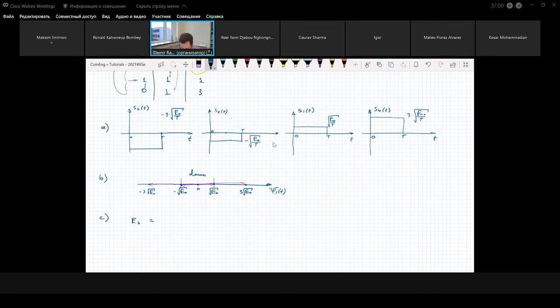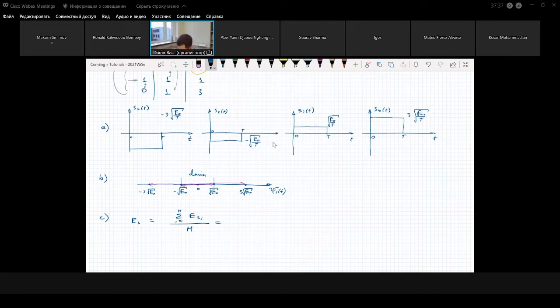The mean energy per symbol is the summation over all energies in our alphabet, divided by the number of elements in the alphabet, M. What is the energy of each component? Remember that we have an amplitude of square root of T, so when we calculate the integral, this capital T is cancelled.